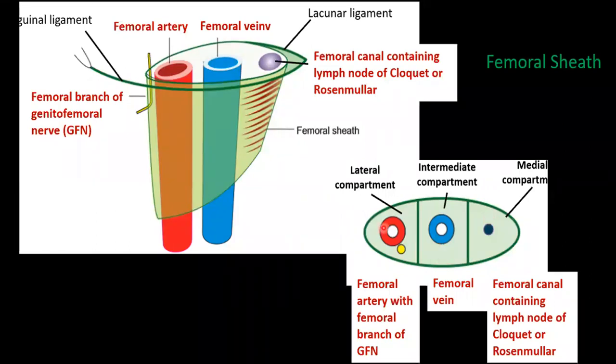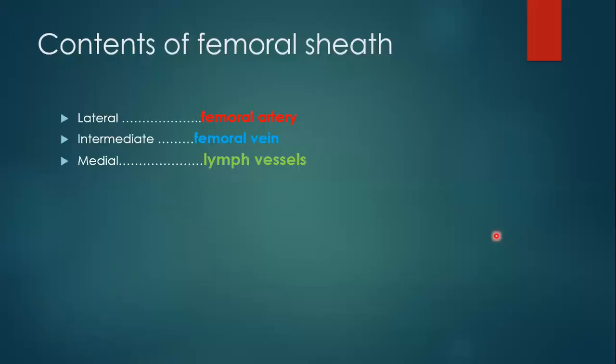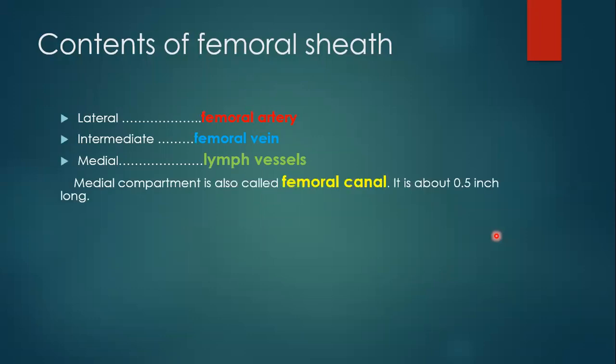This is the superior view. This is the lateral compartment, which contains the femoral artery. The intermediate compartment contains the femoral vein, and the medial compartment contains the lymphatics. Already discussed. Medial compartment, also known as the femoral canal. Now, the femoral ring is the upper margin of the femoral canal.